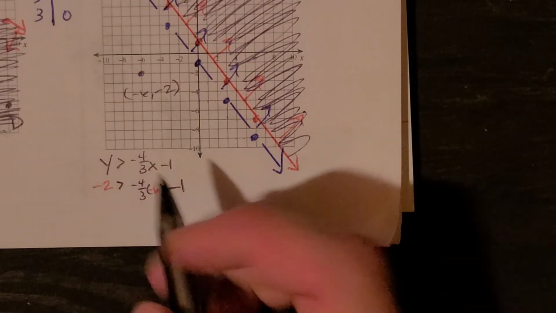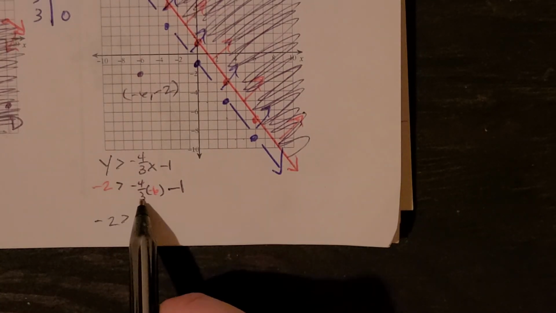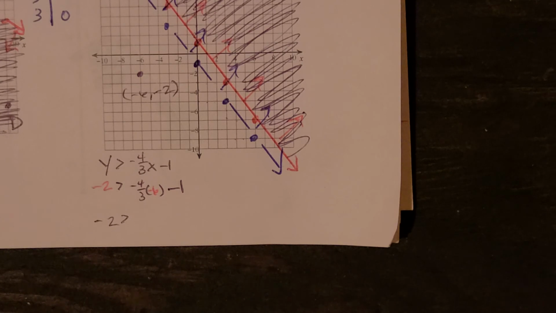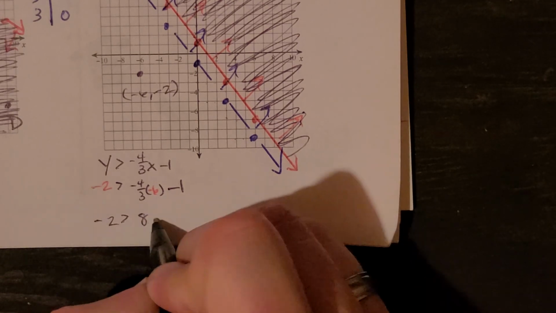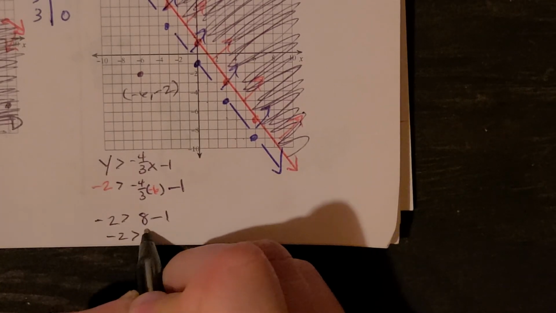Let's see what happens. Well, I've got -2 greater than, let's see, -4/3 times -6. You can use a calculator if you want. Hopefully you don't need to. That is 8. I've got -2 is greater than 8 minus 1 is 7.